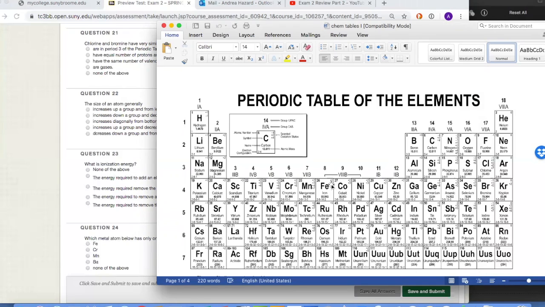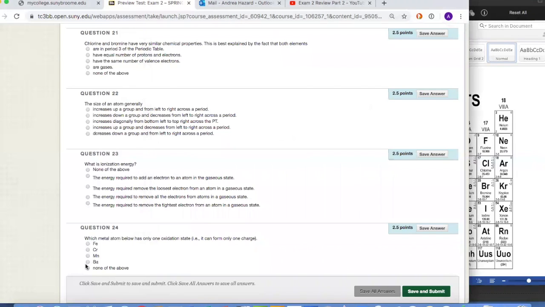Oxidation state is the positive of the charged ions that it can form. Iron can form 2, chromium can form 3, manganese can form 4, so it is none of those. And if we look at barium here, it has only one oxidation state, +2, and this is true of all group 2 metals that can only form a +2. So it would be barium.